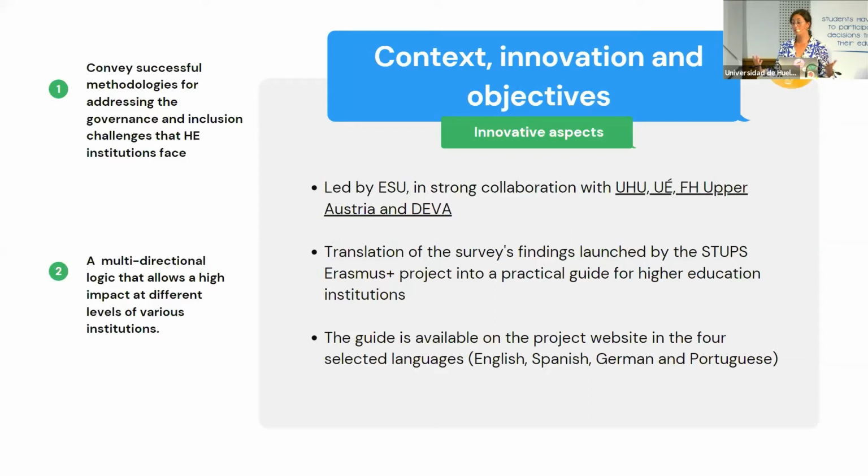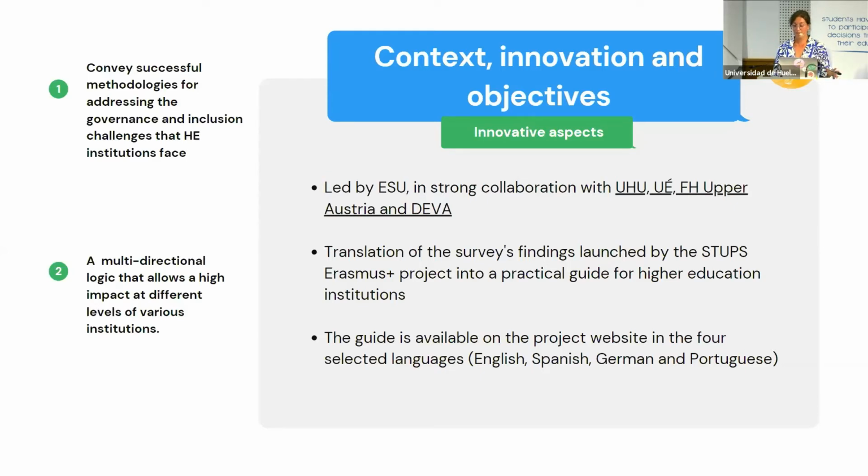How did we do this? Basically, we used a survey that was translated into the different languages of the project partners. With the findings of this survey, we adapted and understood how those practices were fitting in our structure and our definition of the different dimensions of student participation.